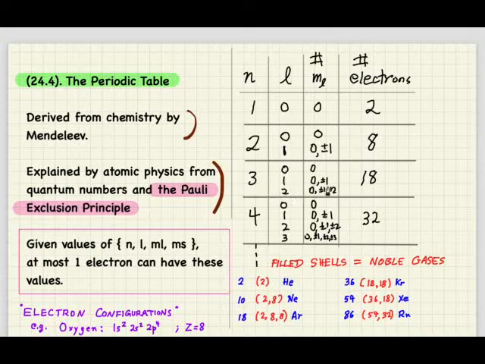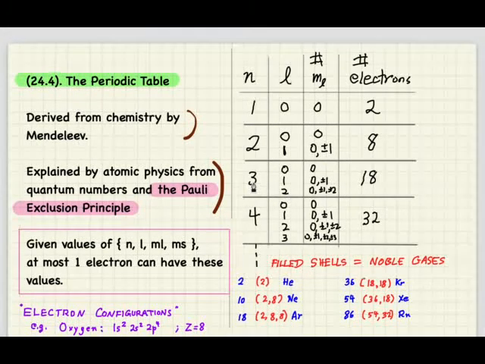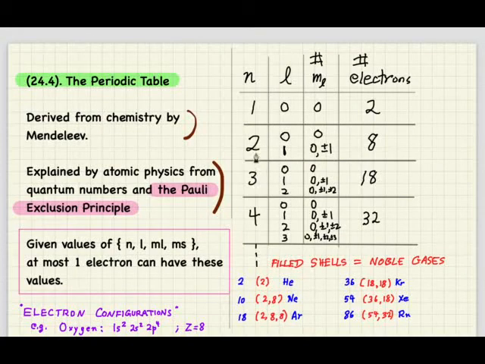Altogether, multiplied by 2 for the 2 spin states, there can be 18 different states with n equals 3. So the energy levels get a little bit mixed up when you have multiple electrons, because the electron-electron interactions affect the energy.